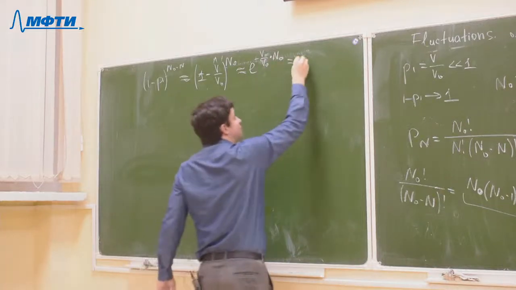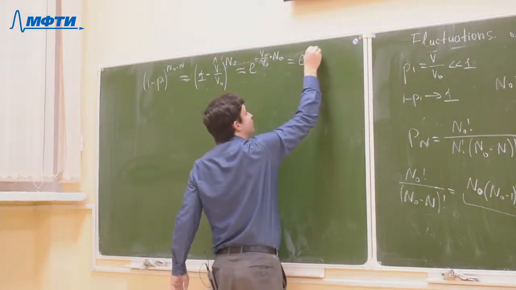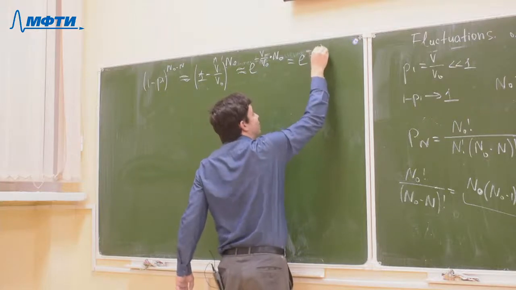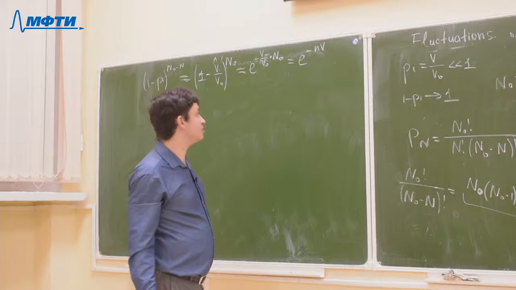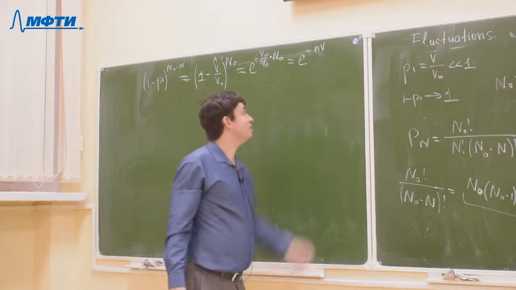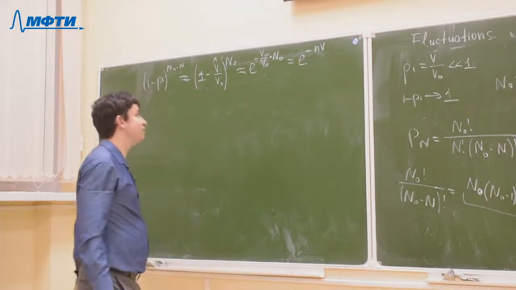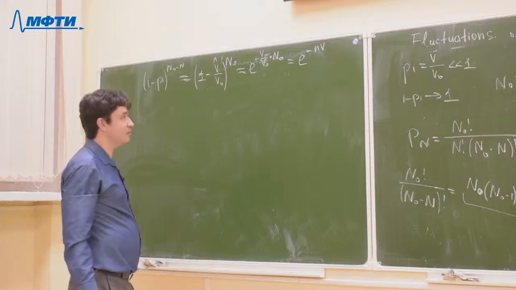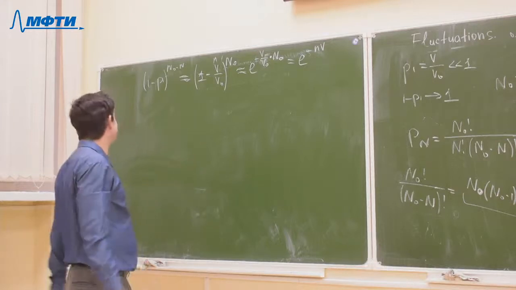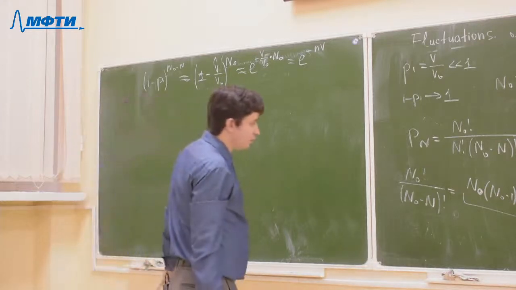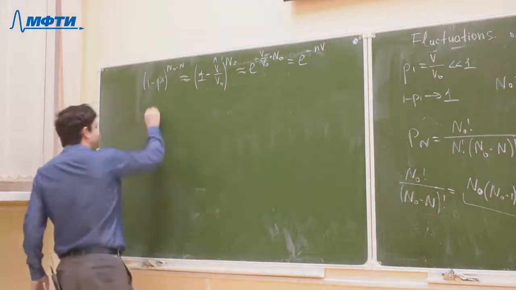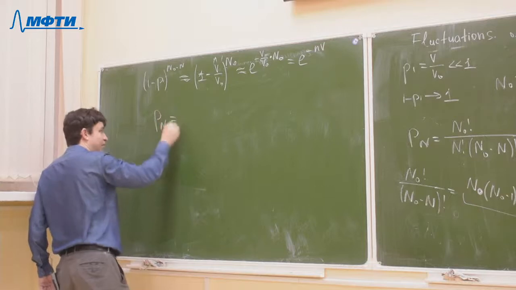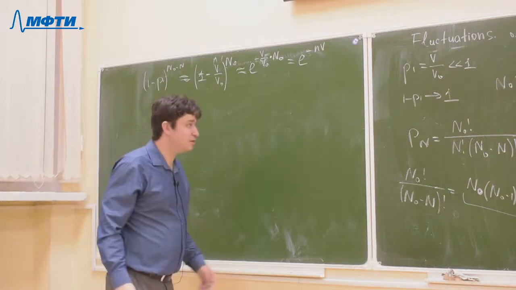And this gives us e to the power minus nv, where n is the number density of molecules inside the vessel, and v is the selected volume. Now we collect everything together and get that Pn is given by this formula.